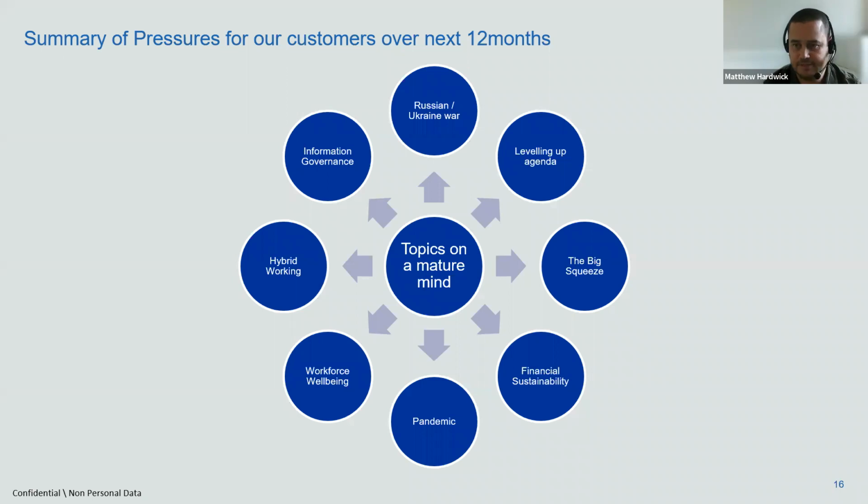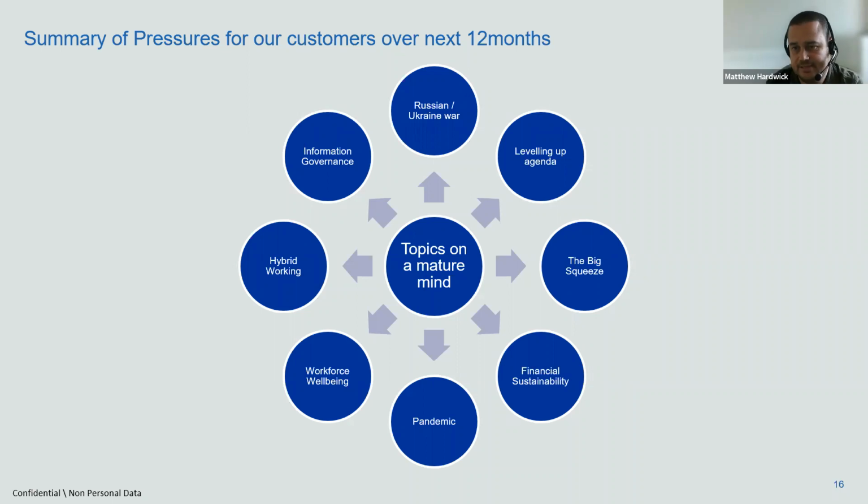Within Zurich, we regard risk on a maturity scale, from a very aware organization, in the sense that that risk exists and that we're doing something, but is it fully embedded across the organization, through to what we class as a transformational organization where risk is absolutely embedded at all points. And these are some of the areas that I'd expect to see in a more aware organization's conversation. Picking up some of them, we've got the big squeeze, the financial heartache, and the inflationary pressures.